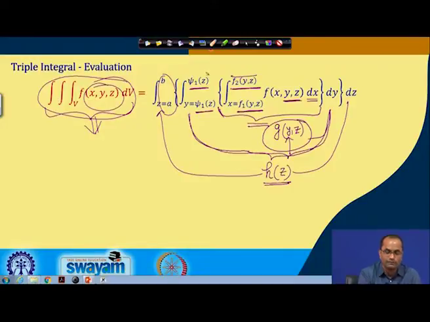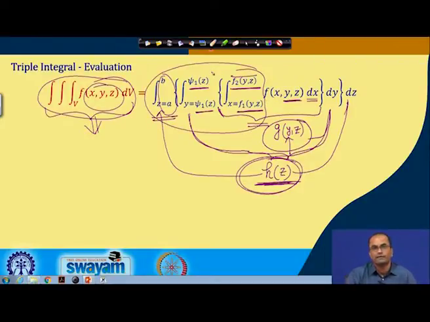Once we have the evaluation of the inner two integrals, we get a function of z, and now we integrate with respect to z. So, for the outer integral the limits must be constant. This is a general consideration which we should always keep in mind while putting the limits of the integral.